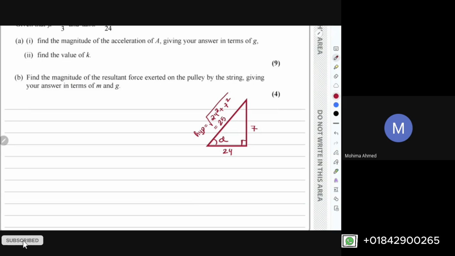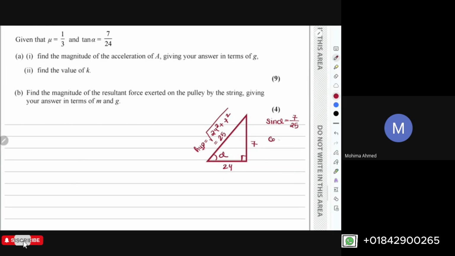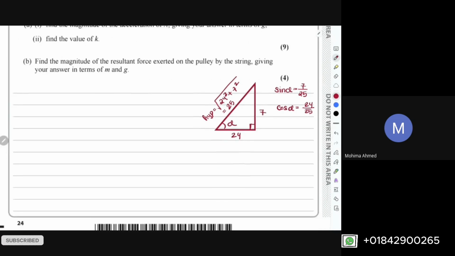So if this is 25, I can easily get my values for sine alpha, opposite over hypotenuse, 7 over 25, and cos alpha, 24 over 25. I have to use these anyway, so just keeping them over here.